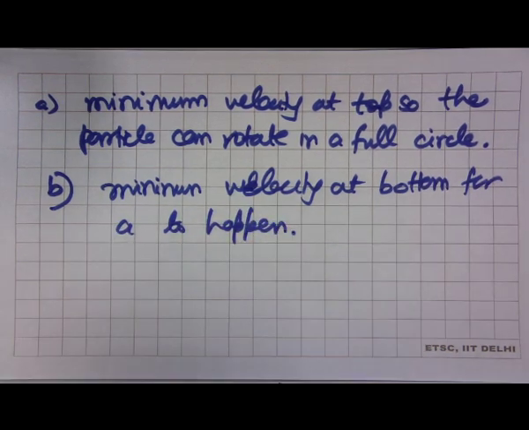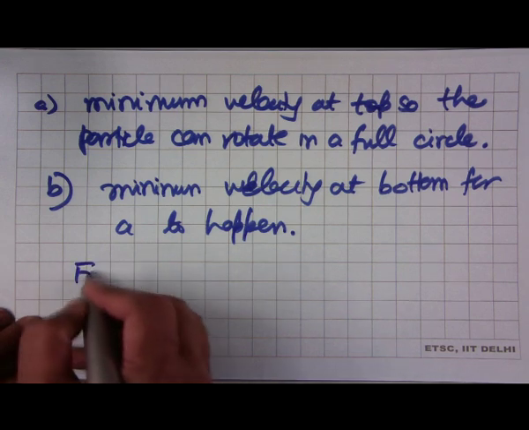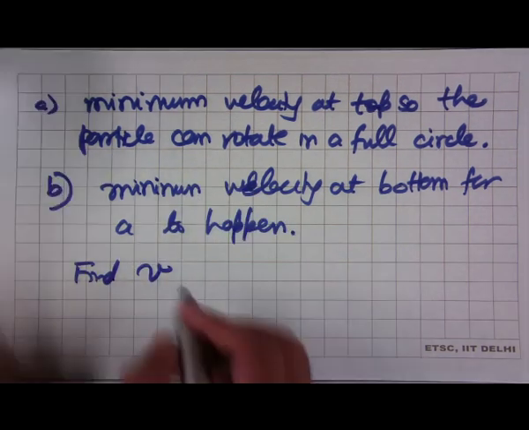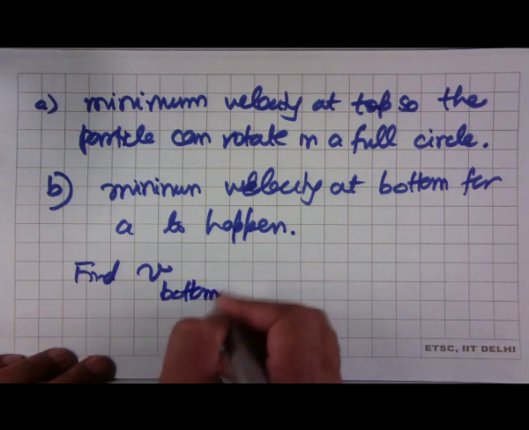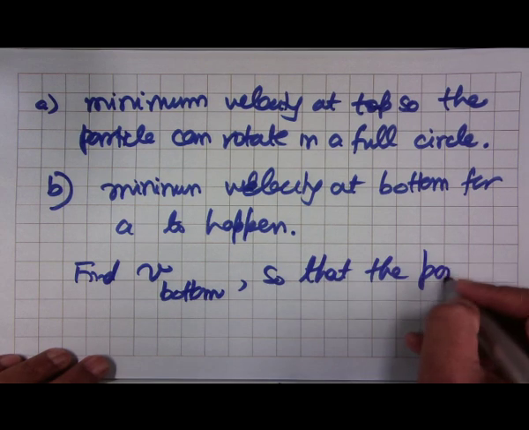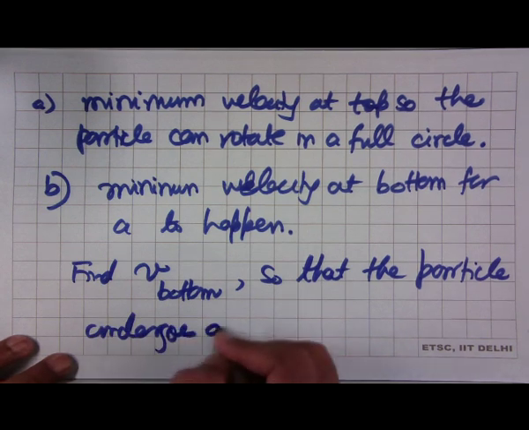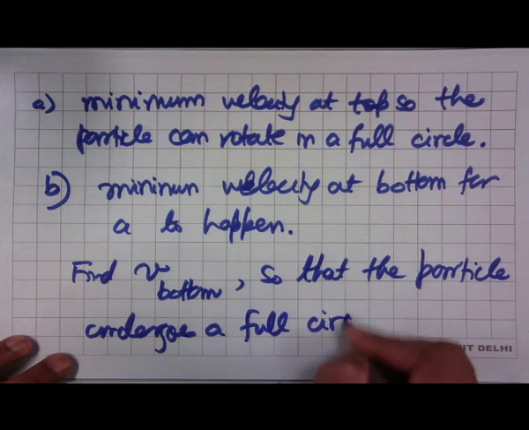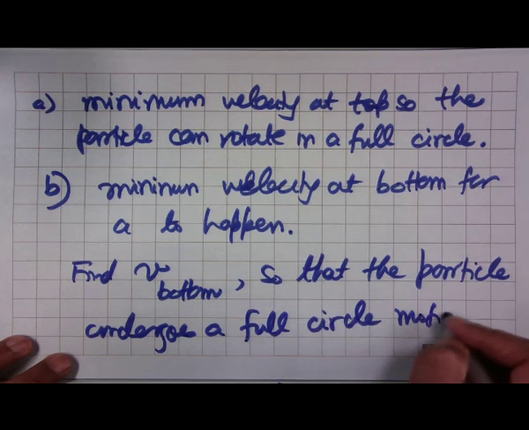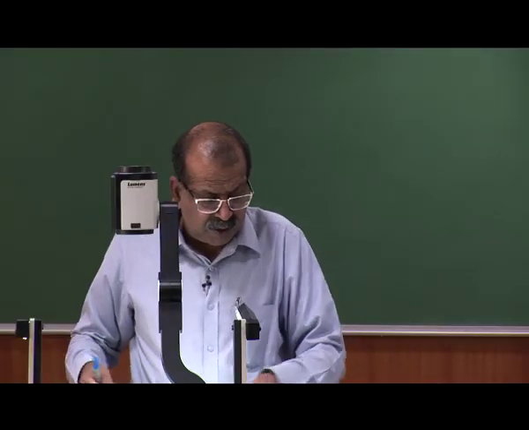And typically the problems will not give you part A, it will just say find V at the bottom so that the particle undergoes a full circle motion.